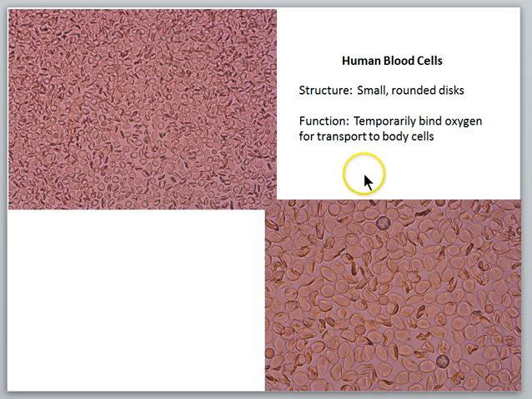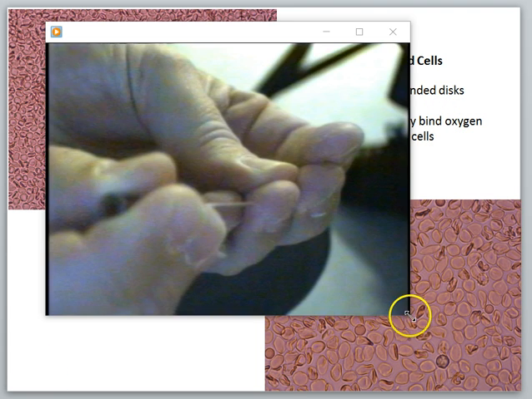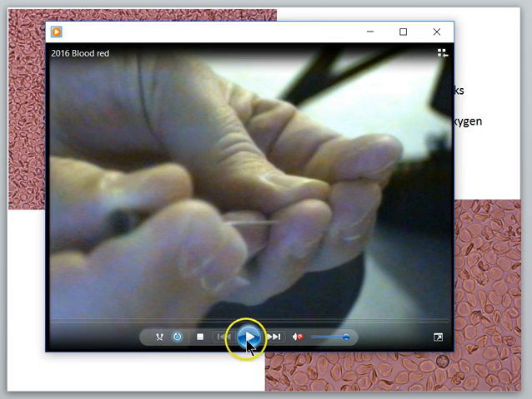Now blood vessels carry blood, of course, and here's a medium power picture of human blood and a higher power. All of these cells here are red blood cells, and we've got a couple of white blood cells here as well. The function of blood then is to bind oxygen in a temporary fashion so as to transport that oxygen to body cells. There's an easy way to see blood under the microscope.